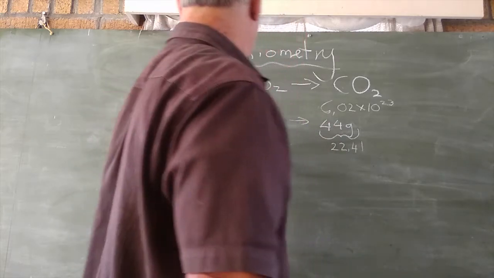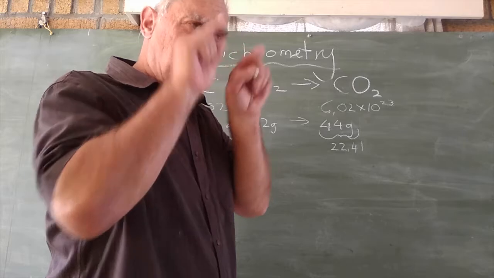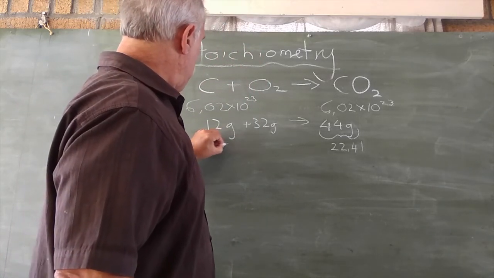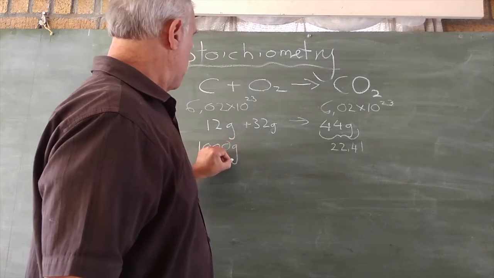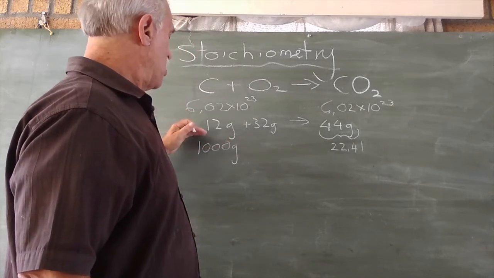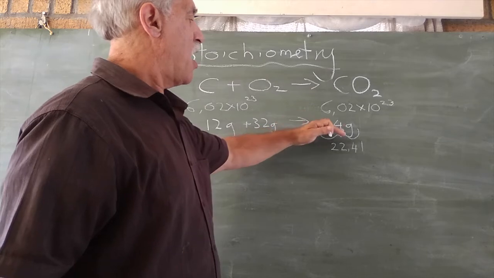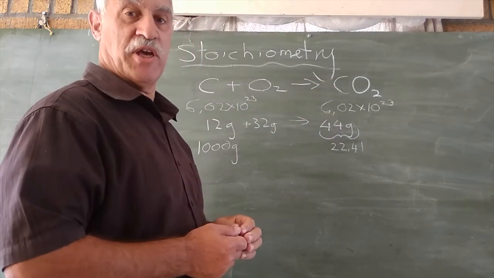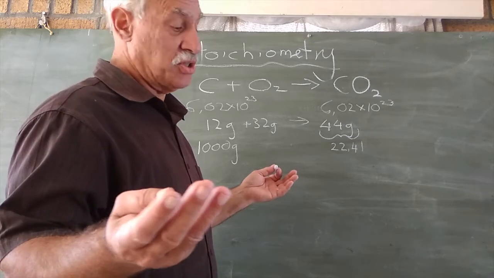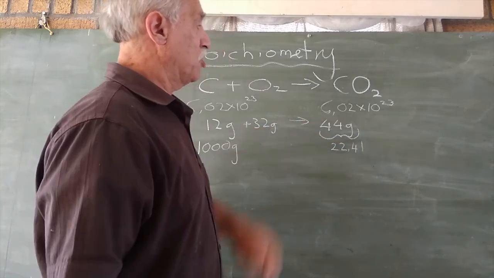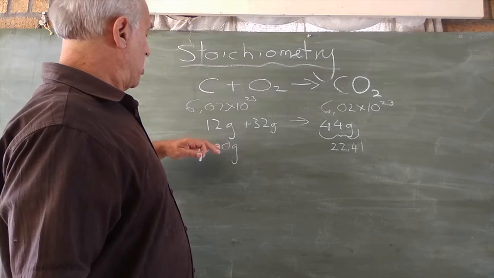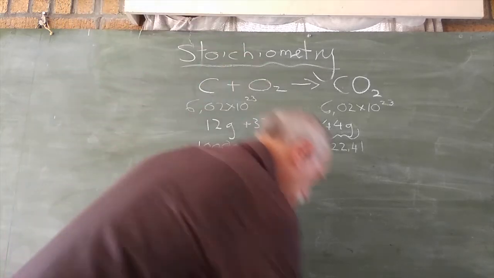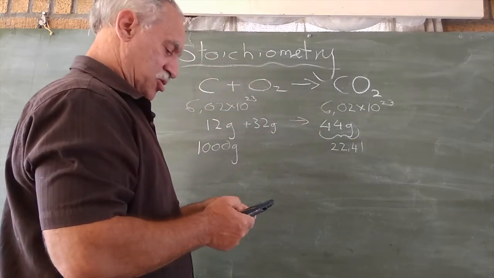Okay, but we're not going to just have a braai of 12 grams, it's a tiny little pile. Let's instead use 1 kilogram or 1,000 grams of charcoal. Now, if we have 1,000 grams of charcoal, how many grams of CO2 are we going to have? And our most interesting fact is how many moles of CO2? Well, if we know that 12 grams is 1 mole, then what is 1,000 grams? I think you're going to know how to do your fractions.